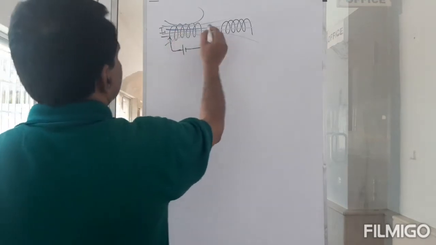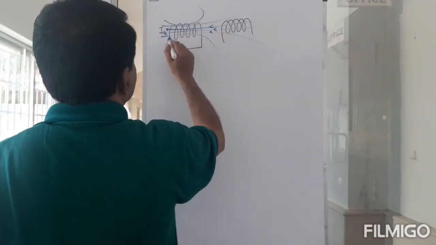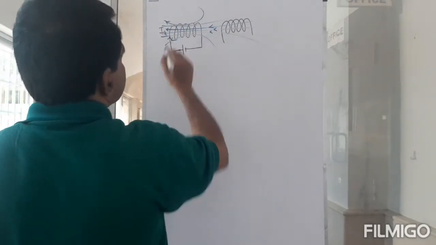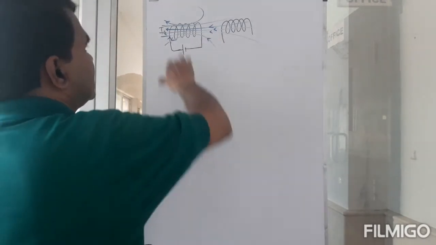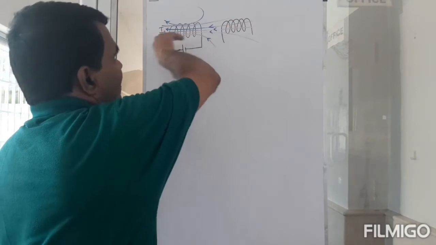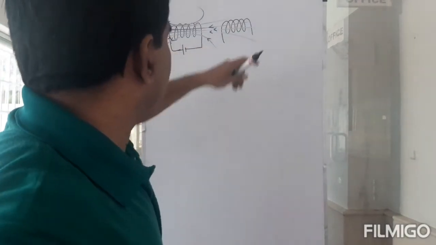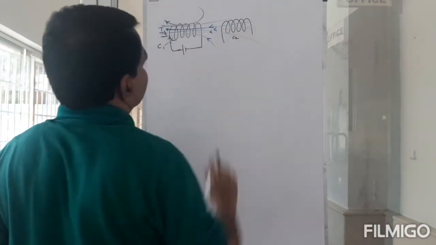So the magnetic field will be like this. So there is flux going into this coil because of this coil. So this is coil 1 and that is coil 2.